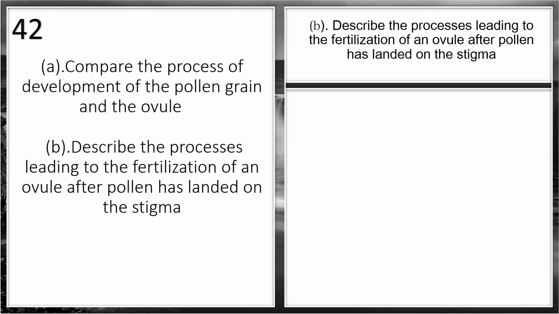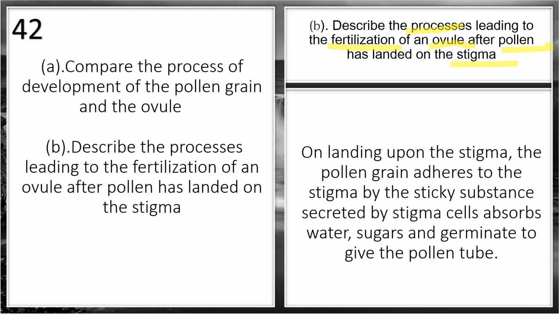Part B. Describe the processes leading to the fertilization of an ovule after the pollen has landed on the stigma. On landing upon the stigma, the pollen grain adheres to the stigma by a sticky substance secreted by the stigma cells, absorbs water and sugars, and germinates to give the pollen tube.